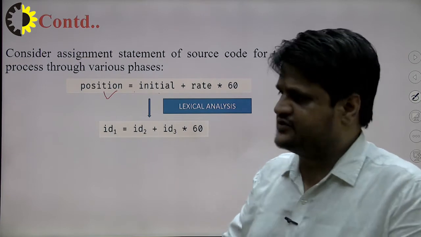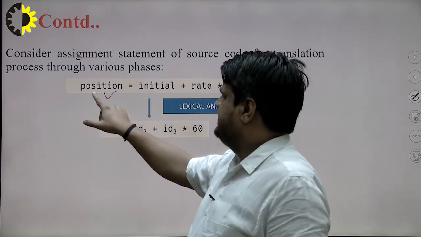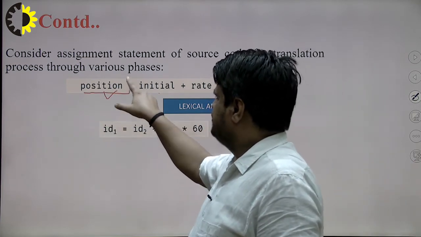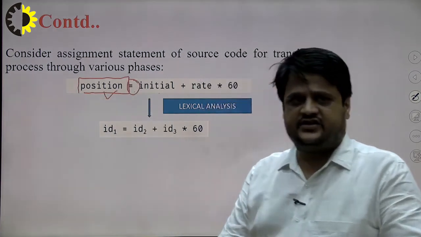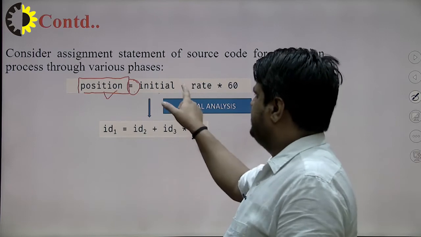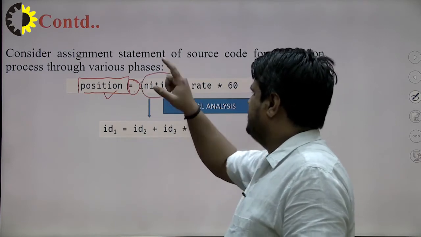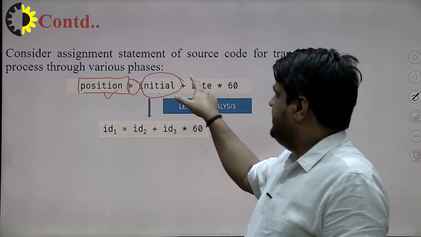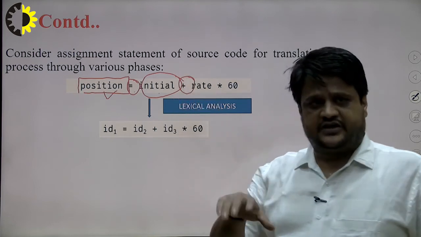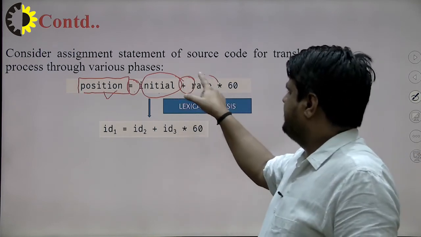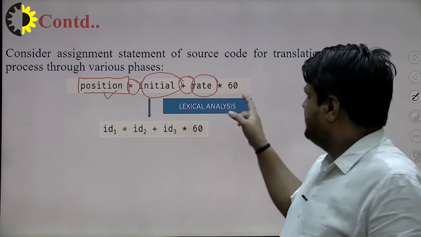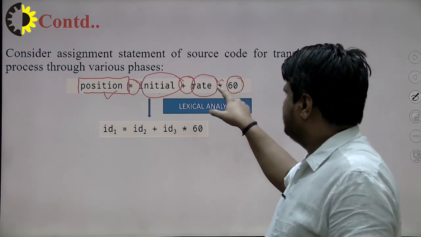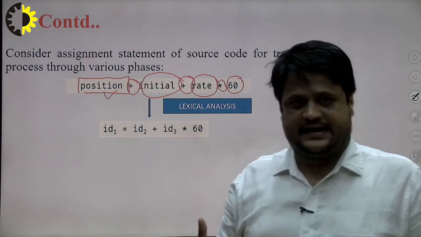You can simply say position is logically related, assignment is another logically related entity, initial is also a logically related entity, plus is a logically related entity, and after that rate is one. After that 60 and multiplication are once again logically related entities.